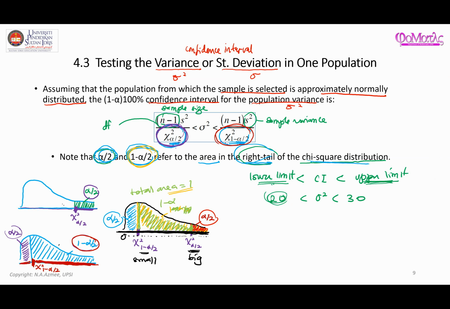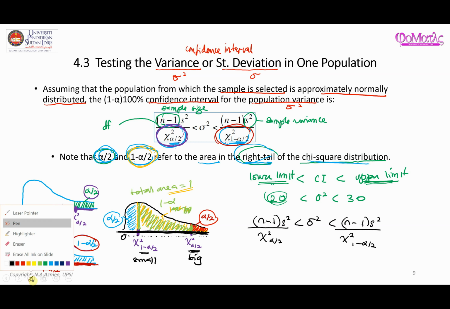Now, I hope that you will see, based on the construction of confidence interval formula given above, that here we have n minus 1 s squared, and here we also have n minus 1 s squared. So you can see that on the top part here we have a similar value, and at the bottom part we have this value, which is chi-squared alpha over 2, and this is chi-squared 1 minus alpha over 2.